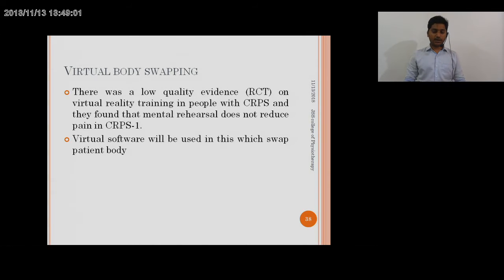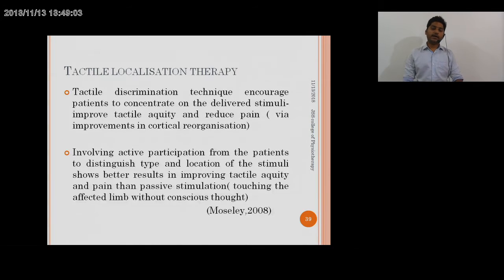And tactile localization is a discrimination technique which encourages the patient to concentrate on a delivered stimulus. In this, we ask the person to close their eyes, and we touch the area on both sides simultaneously at the same time. They have to recognize which area we have touched, and we are trying to use tactile acuity.